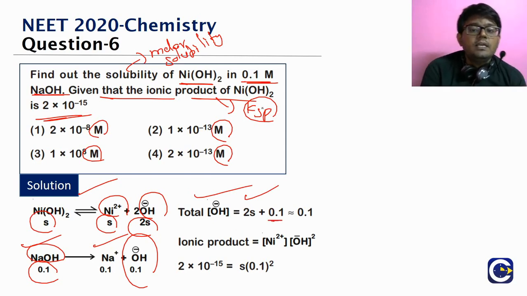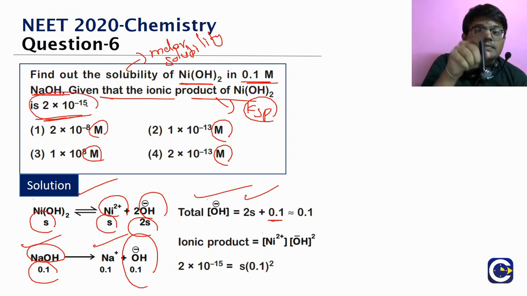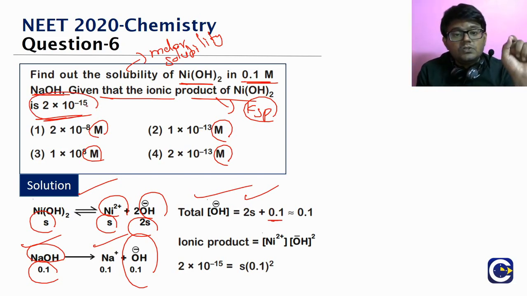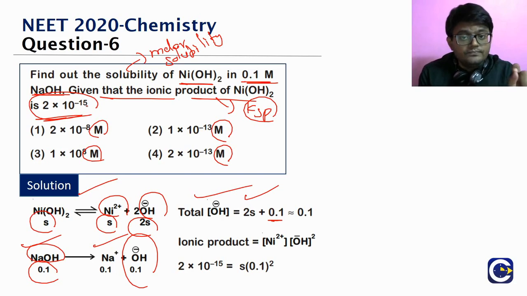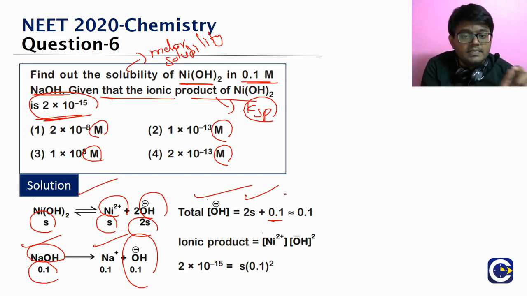If you look at the KSP value of nickel hydroxide, the order is 2 × 10^-15. This means the solubility values are going to be significantly low in comparison to 0.1. This is what we generally make as a broad assumption when the KSP values are of very low order.